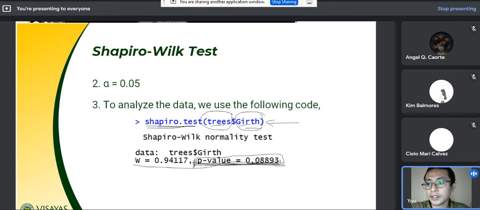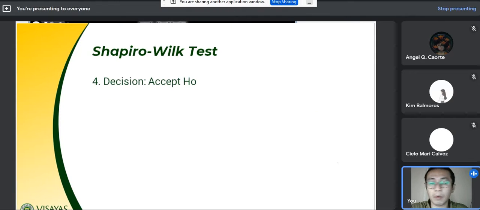Okay, so you take the level of significance, 0.05, and compare it with the p-value, 0.08. When you compare the p-value and the level of significance, the p-value is greater than your level of significance. Since it is greater, the decision is to accept our null hypothesis.